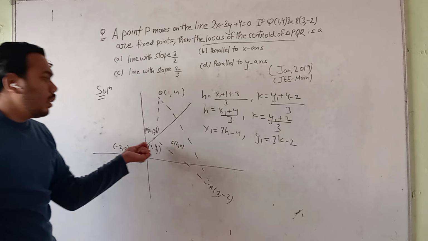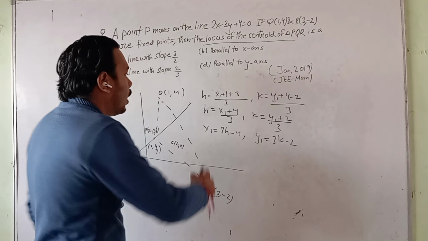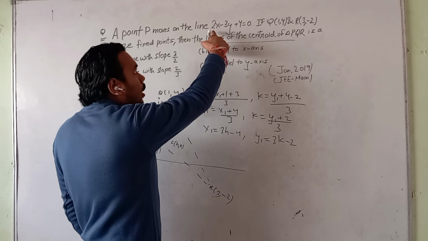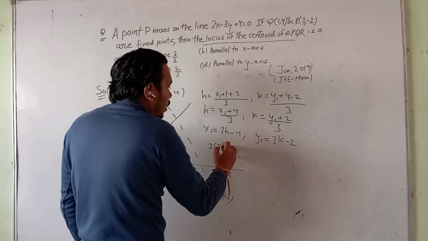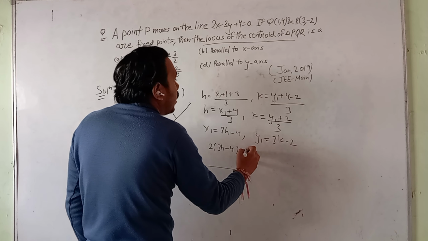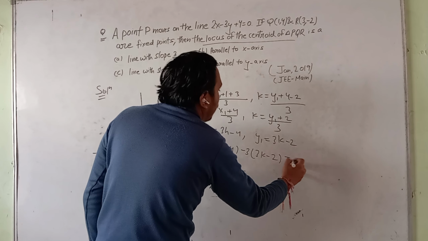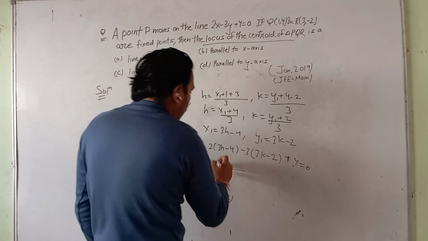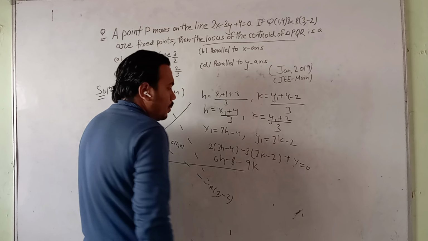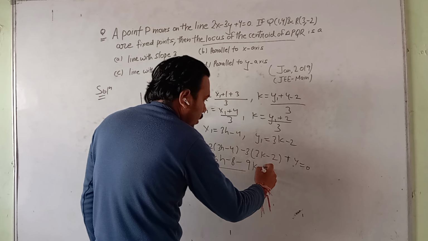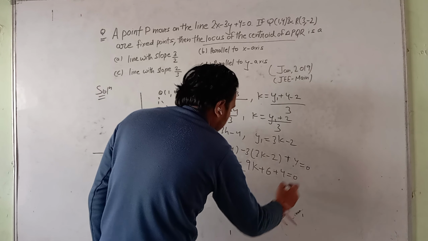Since this point (x1, y1) lies on the line, it should satisfy the equation of the line. Let's put the values of x1, y1 in place of x, y in the equation of the line. 2(3h minus 4) minus 3(3k minus 2) plus 4 equals 0. Let's solve it. 6h minus 8 minus 9k plus 6 plus 4 equals 0.